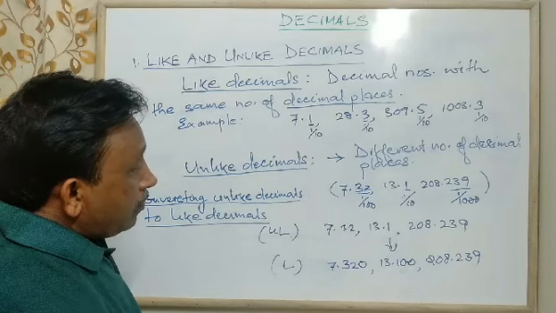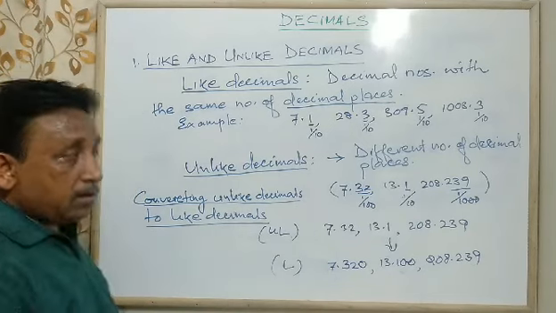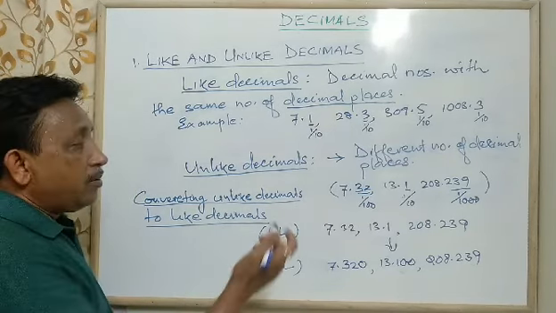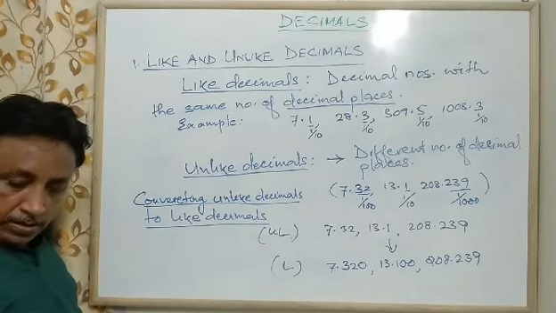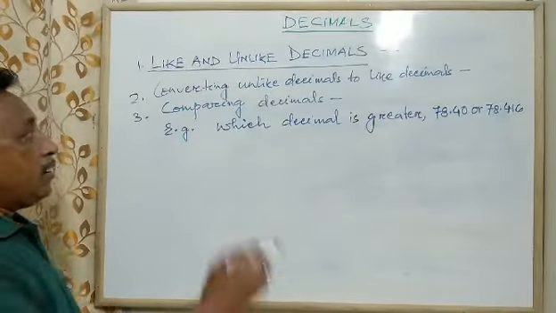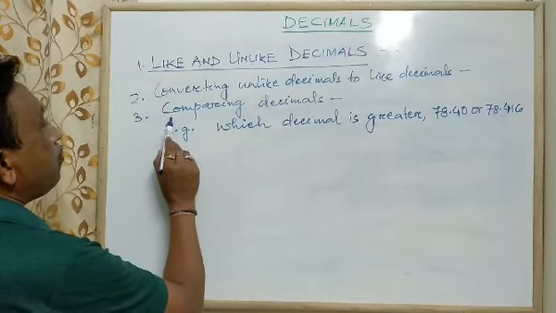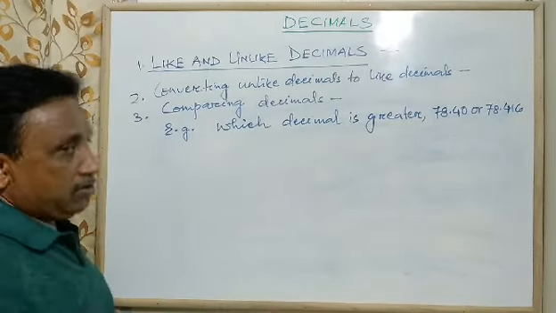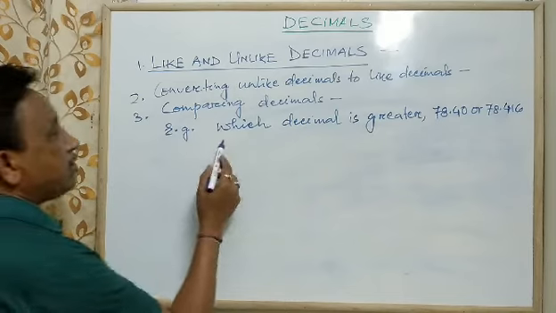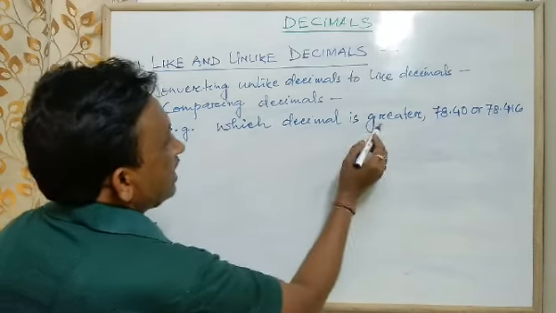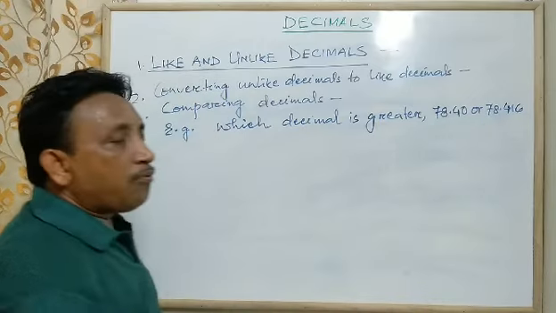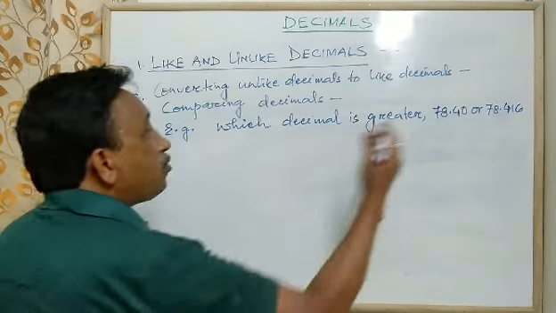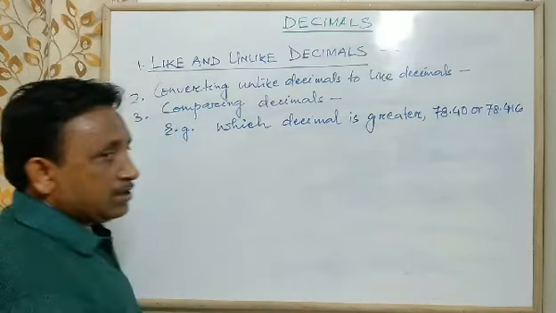Now next, you write it down. We'll go to the next point, how we compare decimals. For example, suppose there is a question like this: which decimal is greater, 78.40 or 78.416? Now how do we find which one is greater?